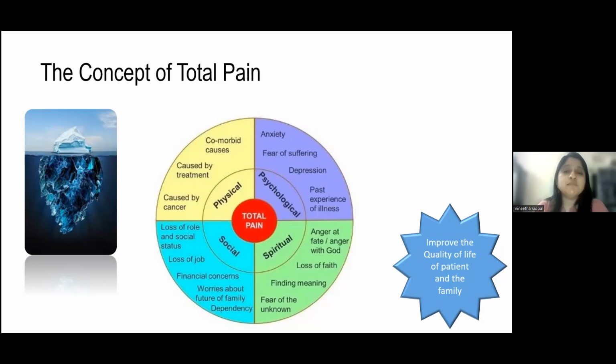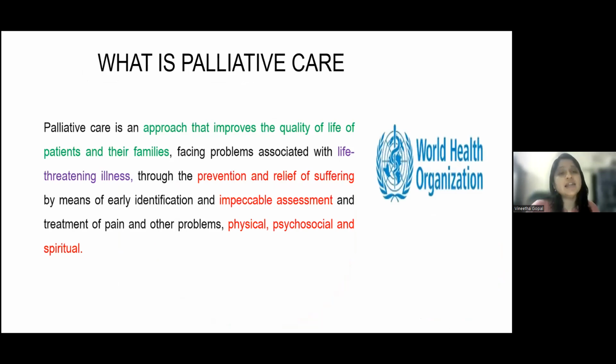Now, what is palliative care? Palliative care is an approach that improves the quality of life of patients and families facing problems associated with life-threatening illness. And how do we improve the quality of life? Through the prevention and relief of suffering by means of early identification and impeccable assessment and treatment of pain and other problems, physical, psychosocial, and spiritual.